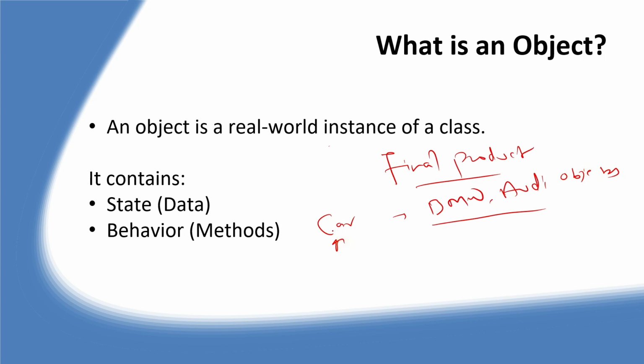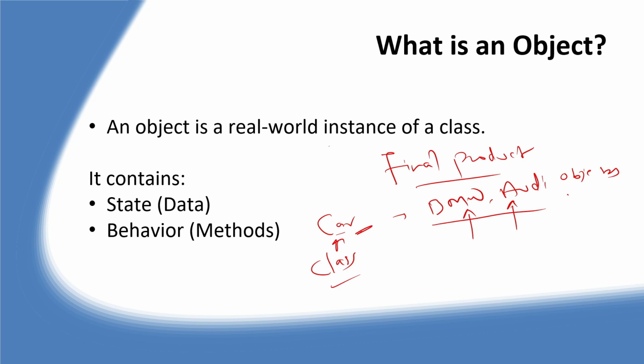It has properties and behavior: what kind of property, what kind of behavior one car should have. So those details are there in the car class. Each object has its own data, but shares the same structure which is defined in the car class.